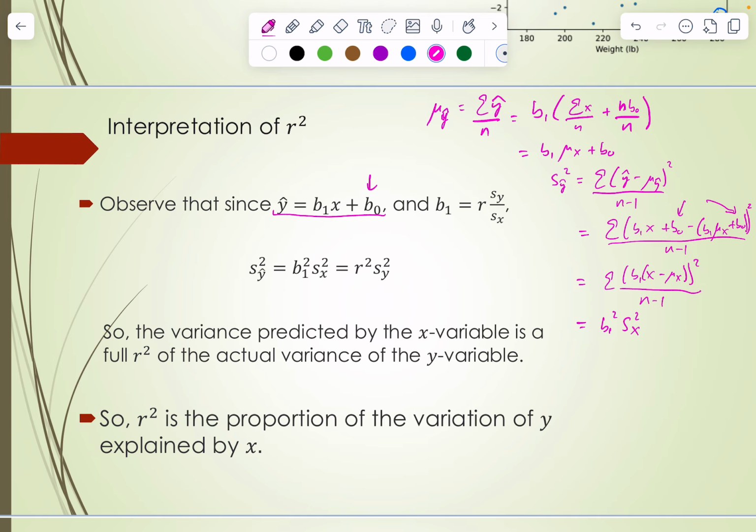It's squared because I'm squaring everything, times sx squared. And so that's how we get that equation right there.